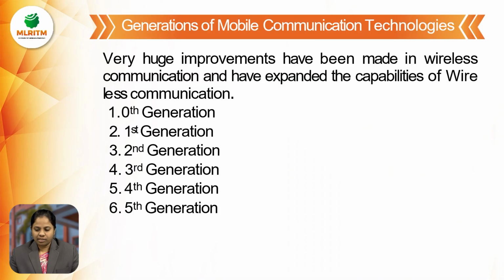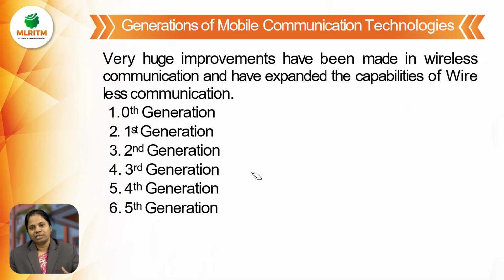Now let us see, the generations of mobile computing technology have created huge improvements in wireless mobile communication and have expanded the capability of wireless communication. Initially, in the zeroth generation, the technology used, the frequency used, and everything was a bit low.